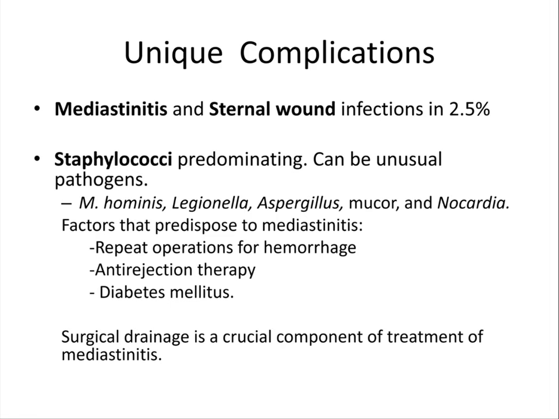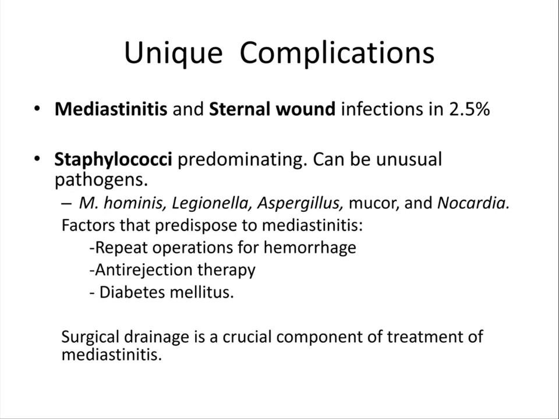But we've had atypical organisms. We have Mycoplasma, Aspergillus, we had Mucor, Nocardia. These can still cause subacute or chronic mediastinitis. So if your regular bacterial culture doesn't grow anything, that's not the end of the workup.